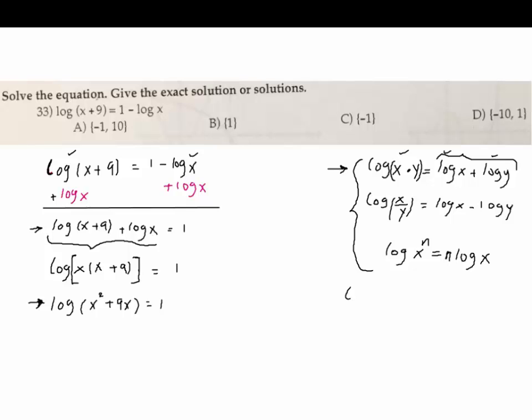rewrite this in terms of exponential. If I have log of x with the base b is equal to y, can somebody tell me how to write this in exponential? We'll talk about this in a different session. That would be b to the power of what? Anybody with the mic, you want to tell me what that is?